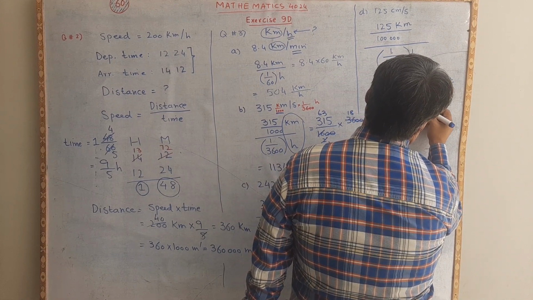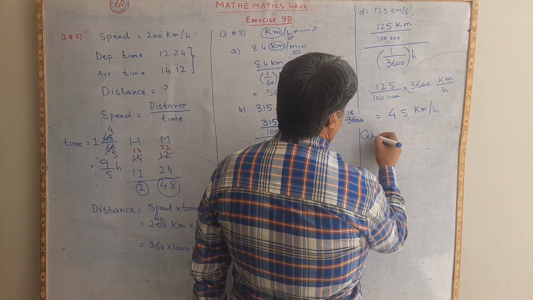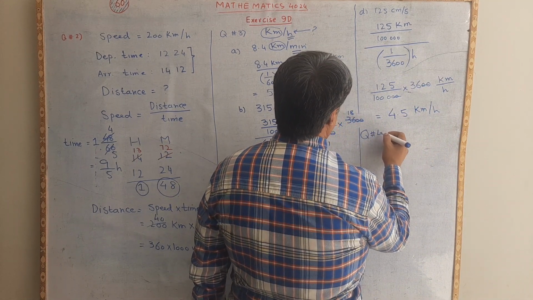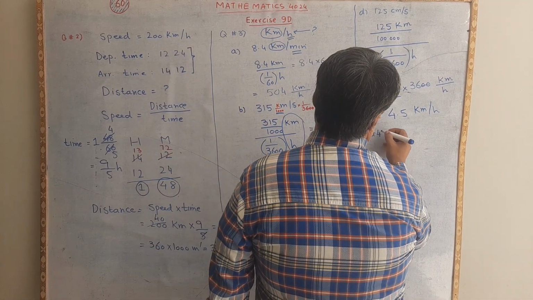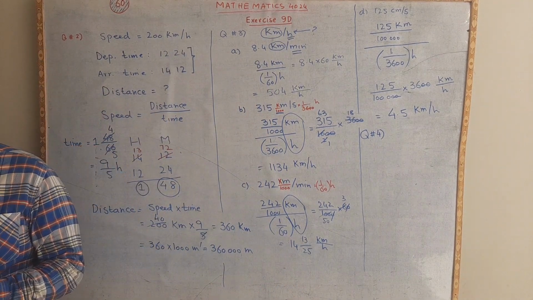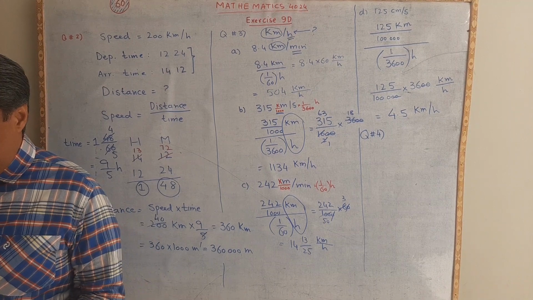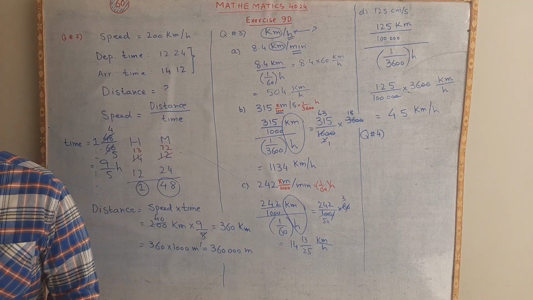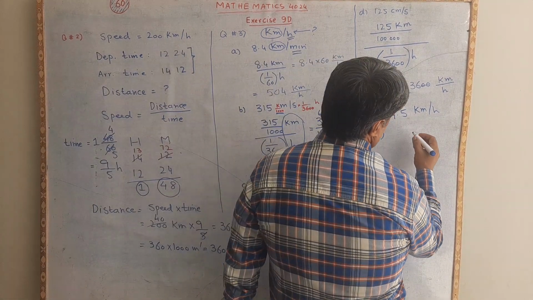4.5 kilometer per hour. Now we are turning to question number 4. And question number 4 is giving us more opportunities to convert. This conversion is playing a very important role. Express each of the following in meter per second.